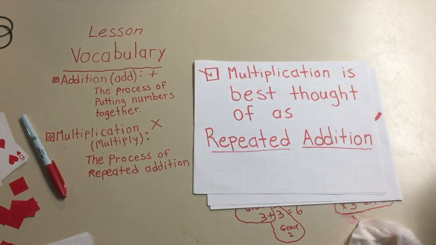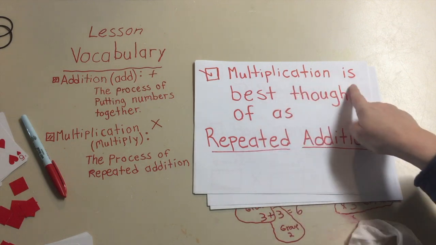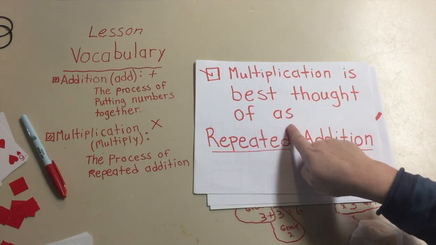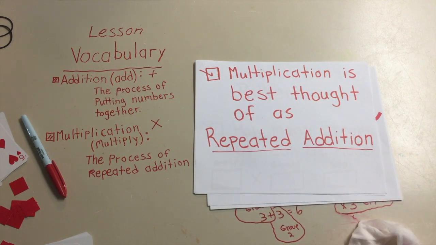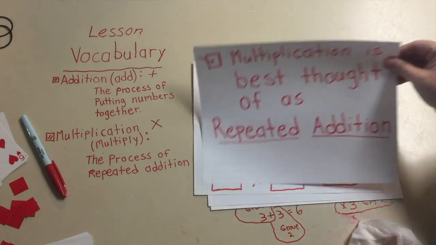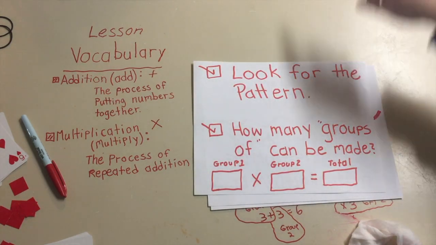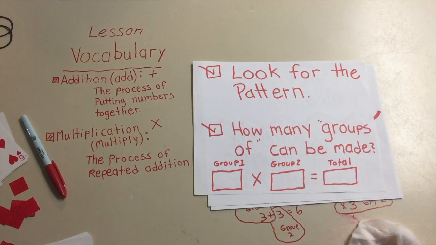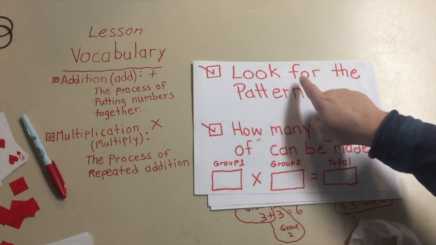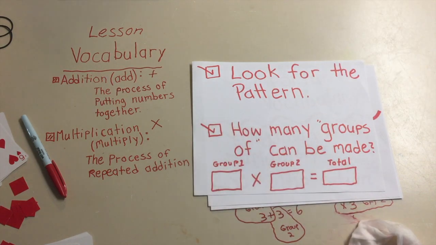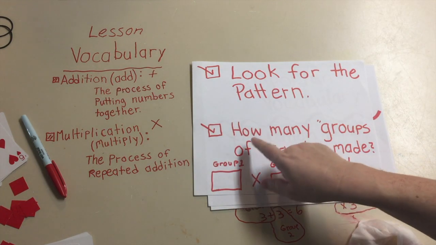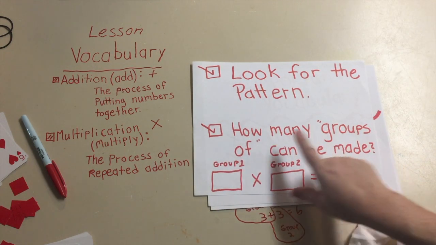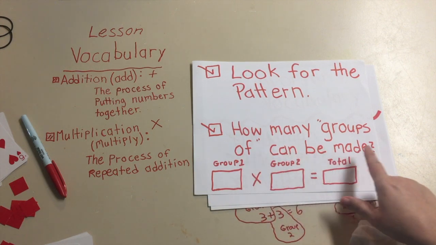So keeping up with our things to remember, multiplication is best thought of as repeated addition. Our next thing to remember is we're going to always look for the pattern. Say it with me. Look for the pattern. And we'll remember that multiplication is how many groups of can be made.